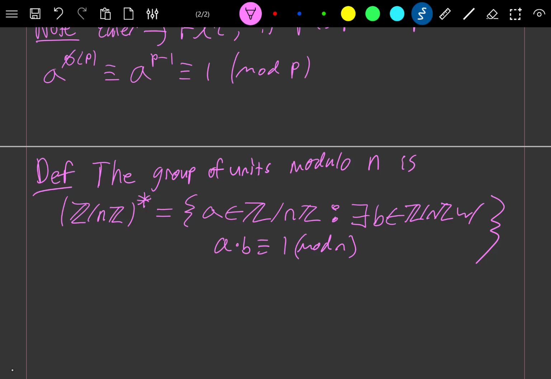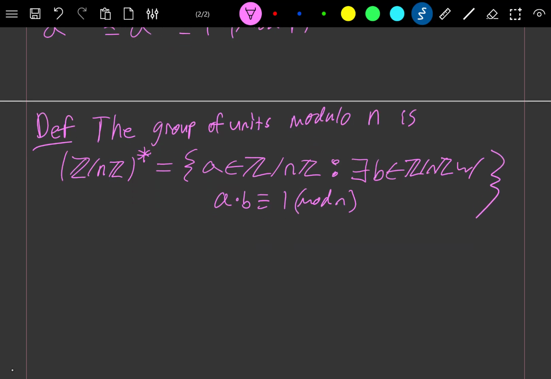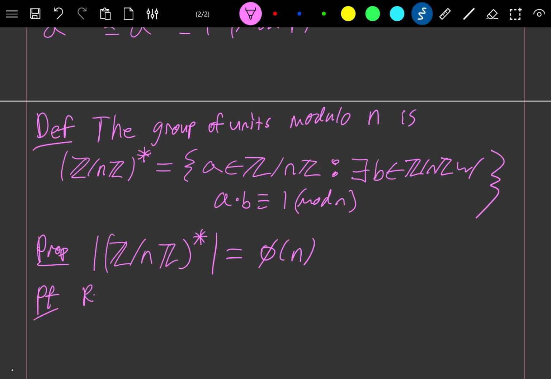And first, I don't know how I want to do this. Let's just say the size of the group of units is equal to the Euler totient function of n. To prove this, recall from last time that 0, 1, up to n minus 1 is a system of representatives for Z mod nZ.